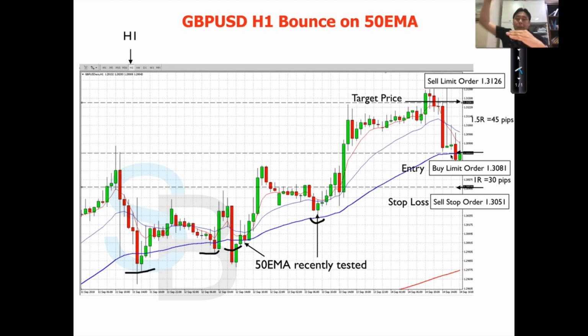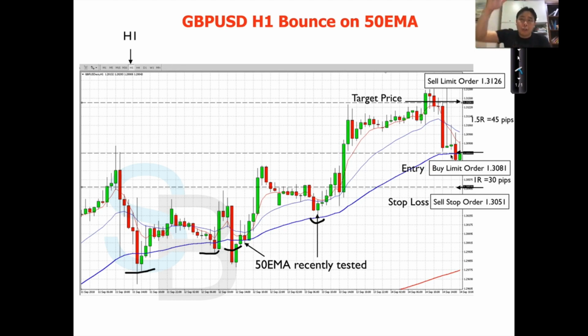Why? Because sometimes the price may drop and hit your order and you buy and it goes all the way down and you go, oh no, it hits your stop loss immediately, right? It can happen, right? So if you're a bit more cautious, what you could do is don't place an order yet. Wait for the price to hit the 50 moving average, pierce below it. Once it pierces below it, wait for it to come back above it, right?